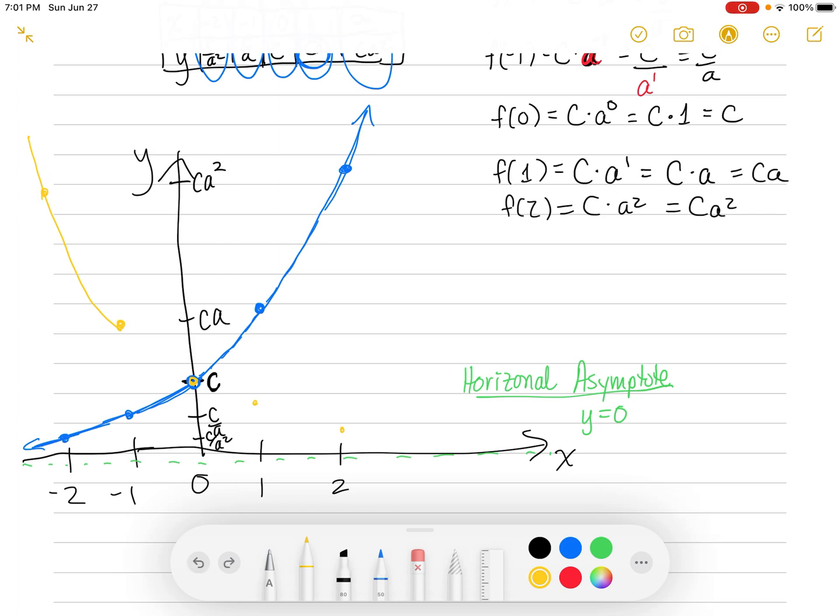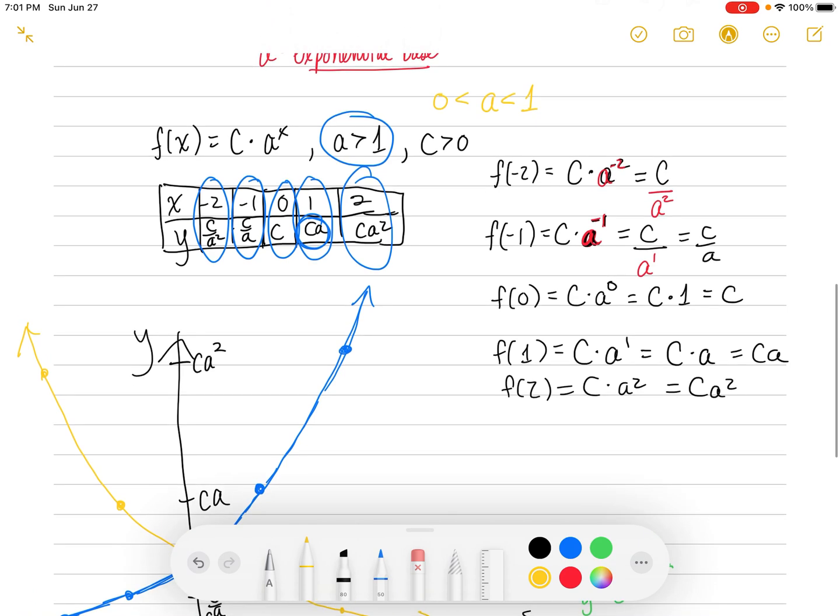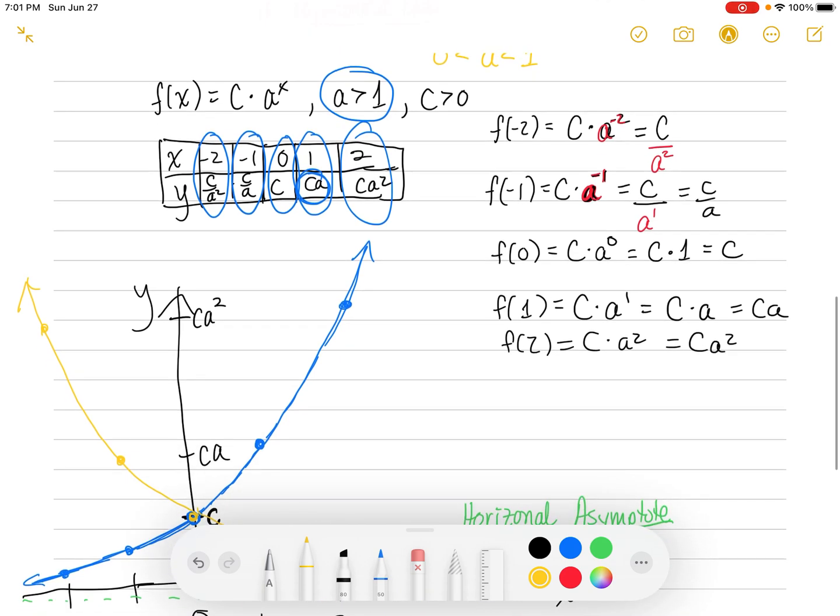Everything's going to be reversed, and I'll demonstrate this a little bit later. As you move from left to right, your graph is going to decrease, and it's going to go towards the horizontal asymptote. We'll give you some real-life examples of these.